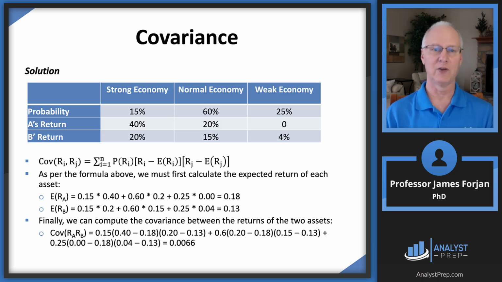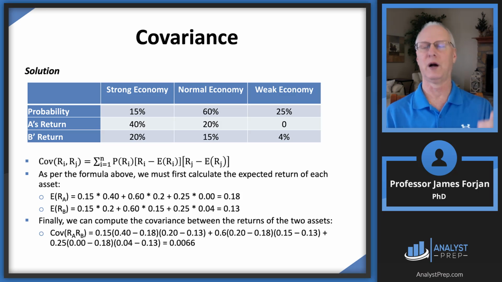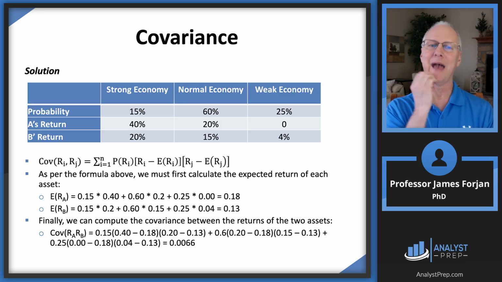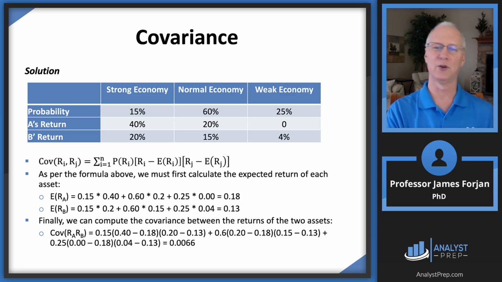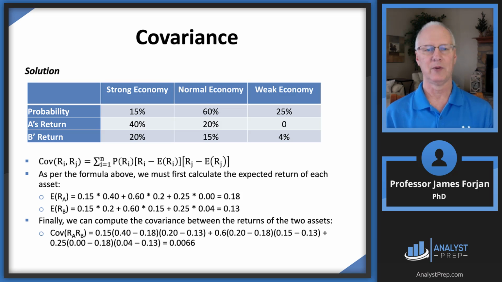One, we know it's positive, so we know that asset A and asset B's returns move together. They tend to move in the same direction. In other words, when one is positive, the other one tends to be positive. But we need to make a better conclusion about its magnitude. I mean, we know that 0.0066 is pretty close to 0, but we might not be able to say just exactly how close to 0 it is.